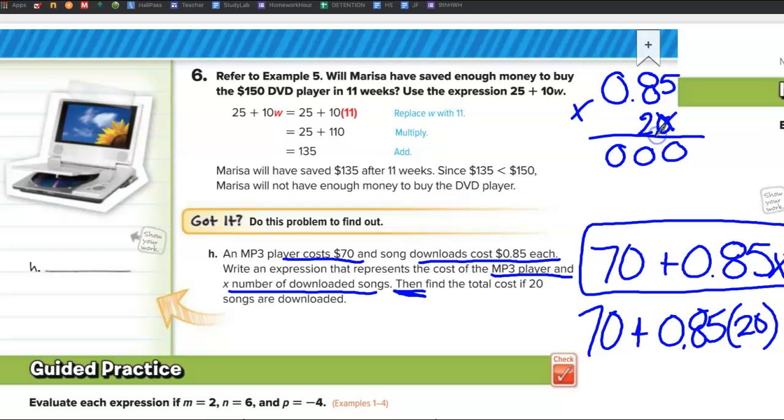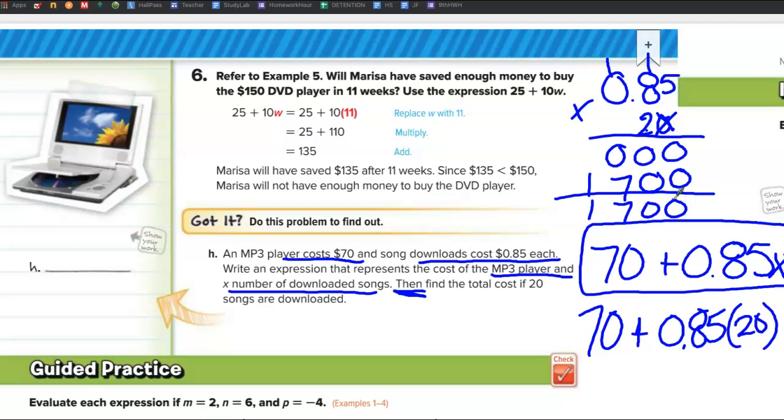When I cross off the 0, I have to add a placeholder of 0. 2 times 5? 10. 2 times 8? 16. Plus 1? 2 times 0? Plus 1? So now when I add them together, I get 1,700, right?